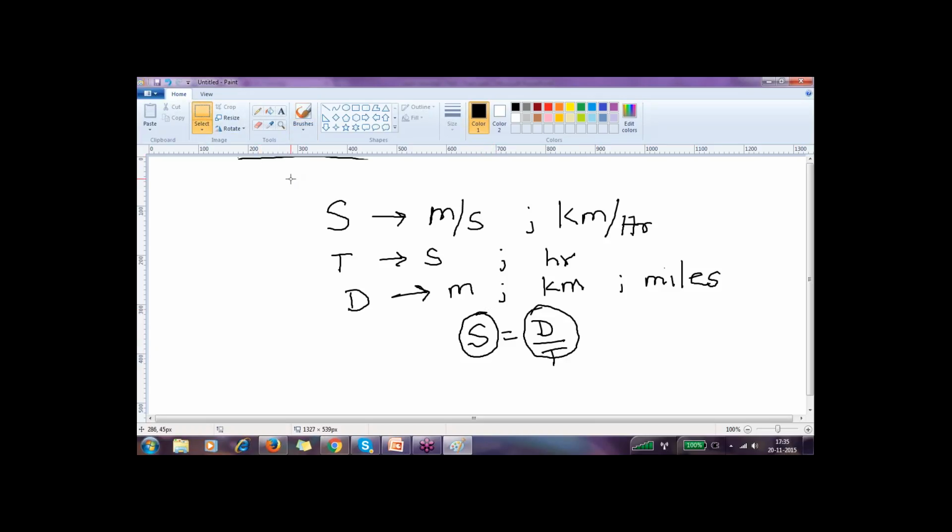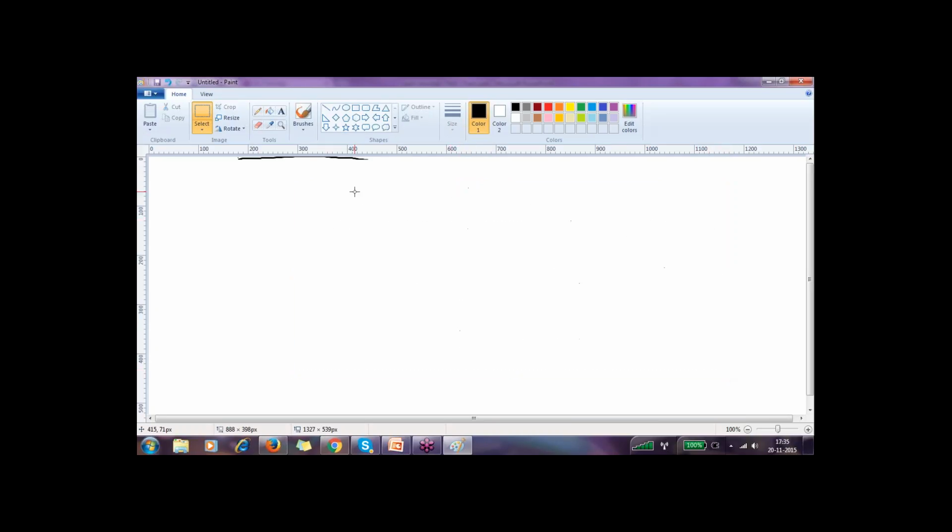Okay. Now we'll see some conversion factor. If I have 1 kilometer per hour, and I have to convert it to meters per second, what will I do? 1 kilometer at the numerator will become 1000 meters, right? And 1 hour, if I have to convert to seconds, it will be 60 into 60.